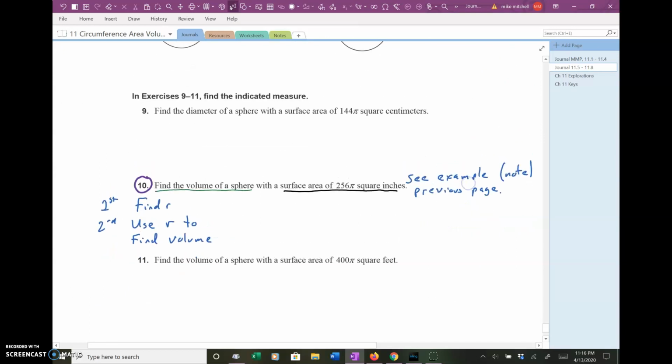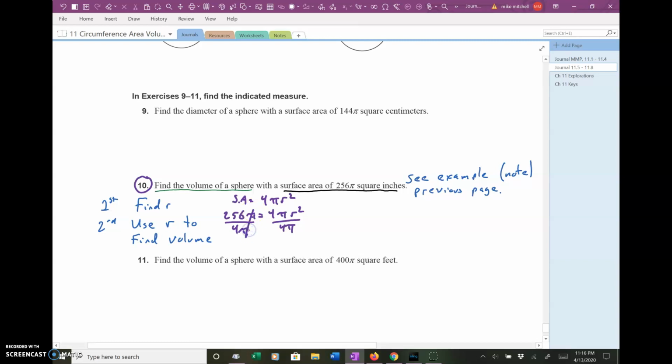That's what that meant. So we're going to have surface area equals 4 pi r squared. So that's 256 pi equals 4 pi r squared. I'm going to divide by 4 pi. I'm not going to worry about carrying my units because I know my radius is going to come out in inches.